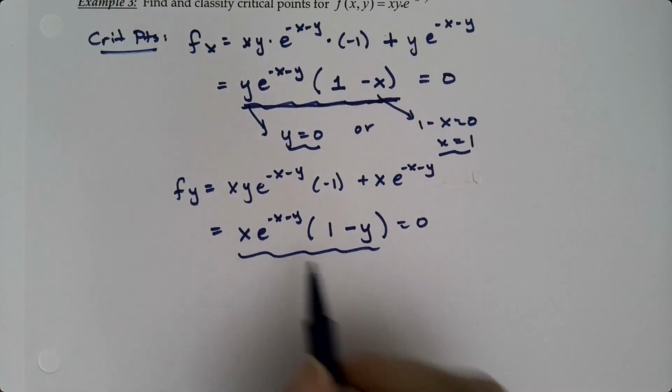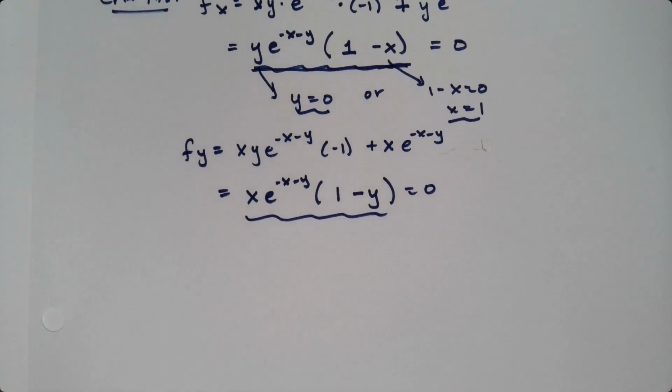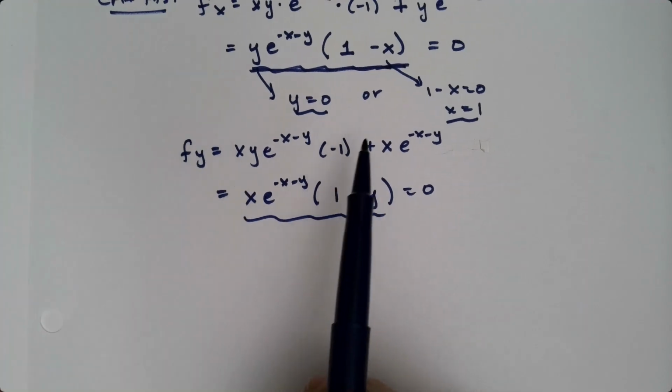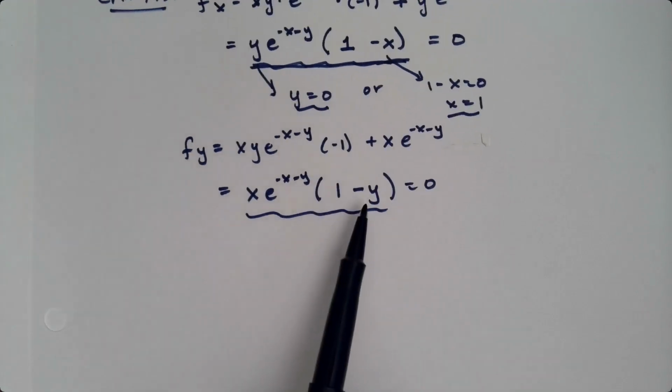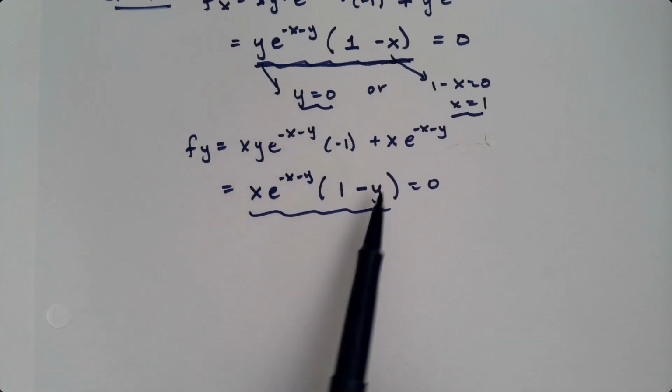Now if we want to substitute, we know that it kind of has to happen at certain values, but we should also be able to think about this in terms of both these things having to happen simultaneously. They both have to be equal to 0 at the same time. So let's think about this. If I took the y equals 0 value and put it in here, that would turn this into 1.